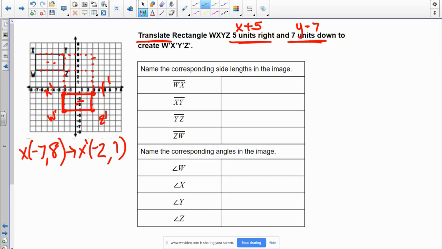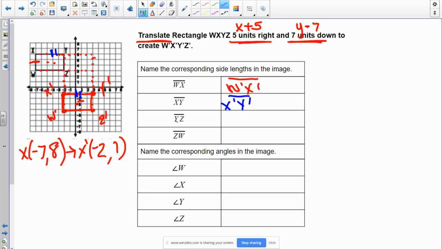Over here, just quickly, corresponding. So if we look at WX, this one right here, of course, the corresponding is W prime X prime. Look at, let me change colors, it's so confusing. XY, here's XY. That, of course, corresponds with line segment X prime Y prime.